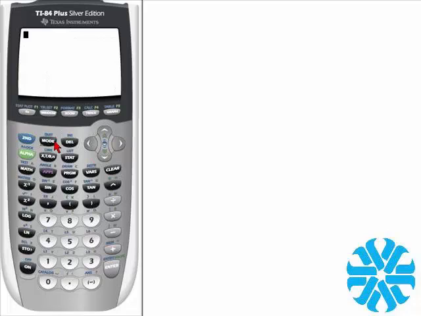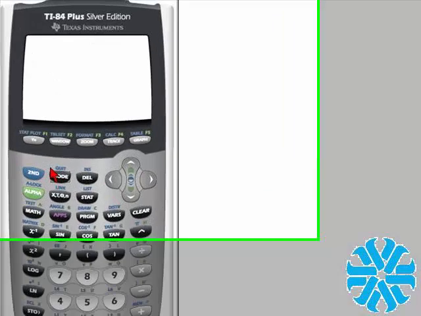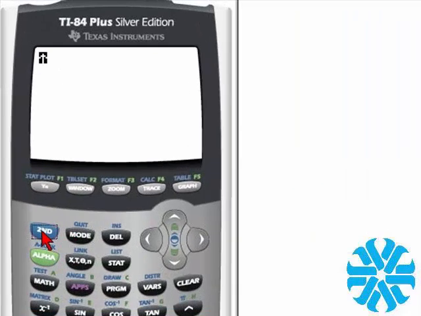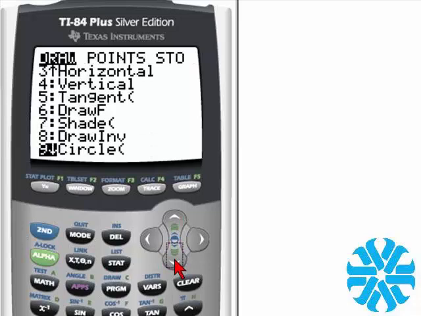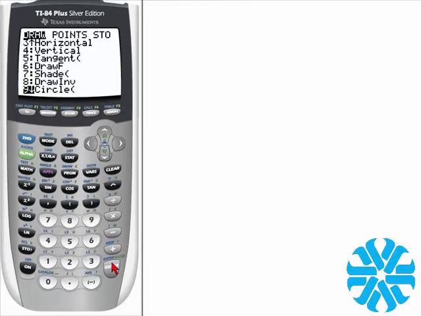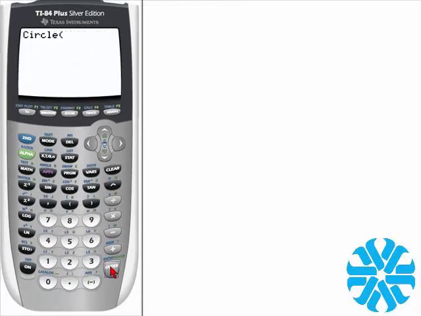So remember, to use the built-in function, we're going to the draw mode. So we go second function, and then here's the draw, so press program, and we need to find the one that says circle, and there it is. So we hit enter. Okay, and remember the notation.